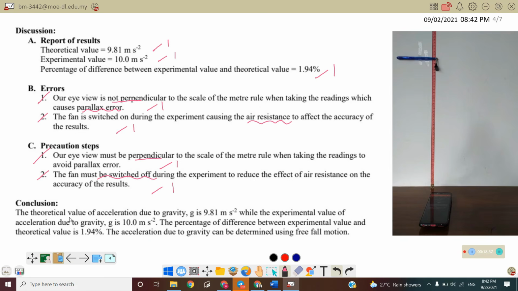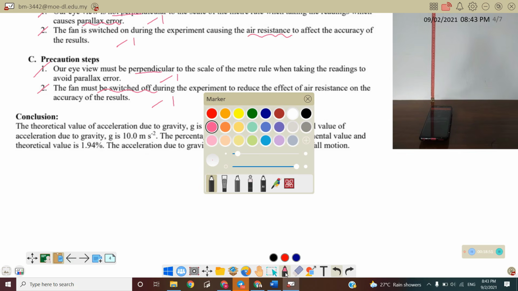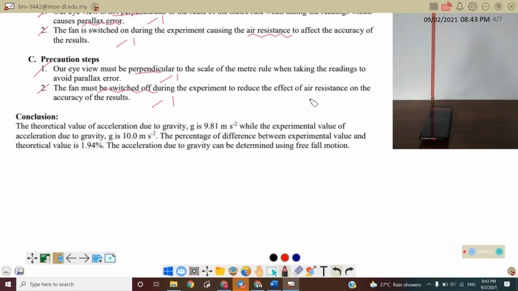For the conclusion, you must report back your finding, based on the experiment and the result that we get. The theoretical value is 9.81, the experimental value you get is 10 meter per second square, and the percentage of difference is 1.94%.